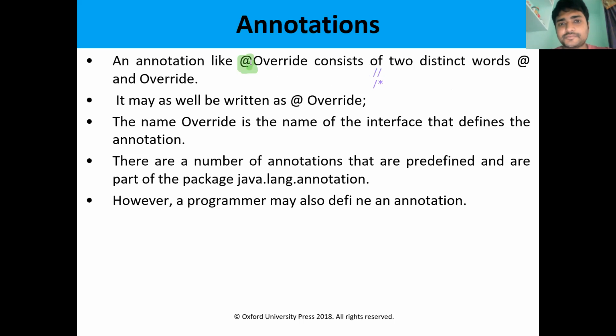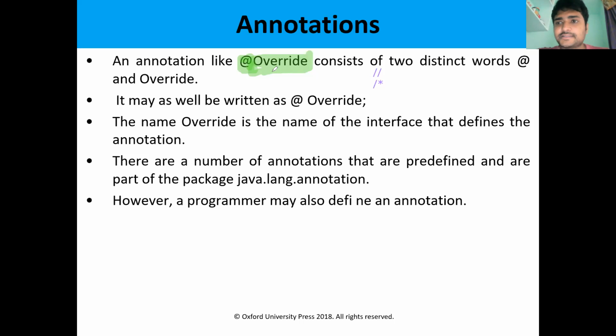This is the identification of an annotation. For example, there is a predefined annotation, that is Override. This is a predefined annotation available in Java. While writing programs in Java inheritance, we get a superclass as well as a subclass, base class and subclass.